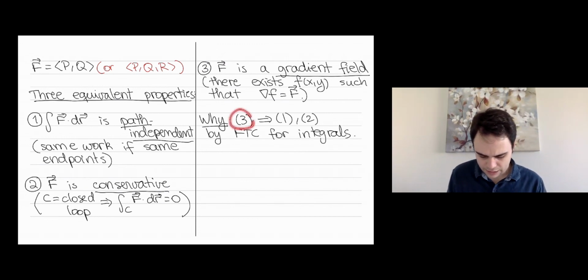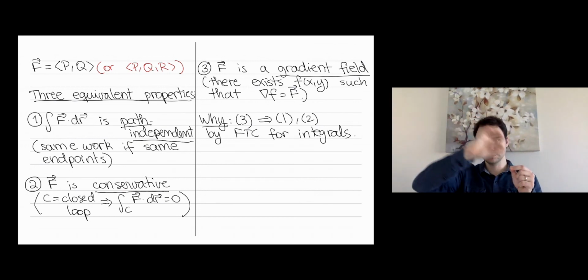So let's say we have property 3, that our vector field is the gradient of some function. Let's look at property 2. So we have a closed loop. For a closed loop, the starting point is the same as the end point.